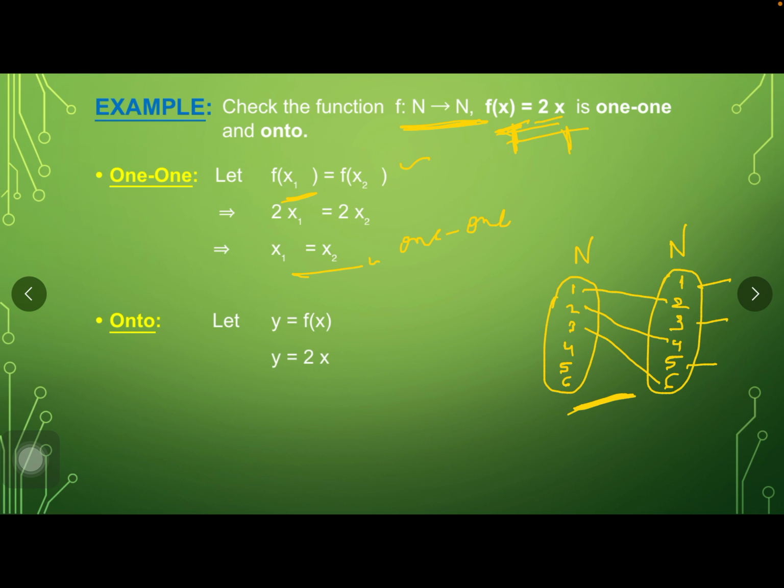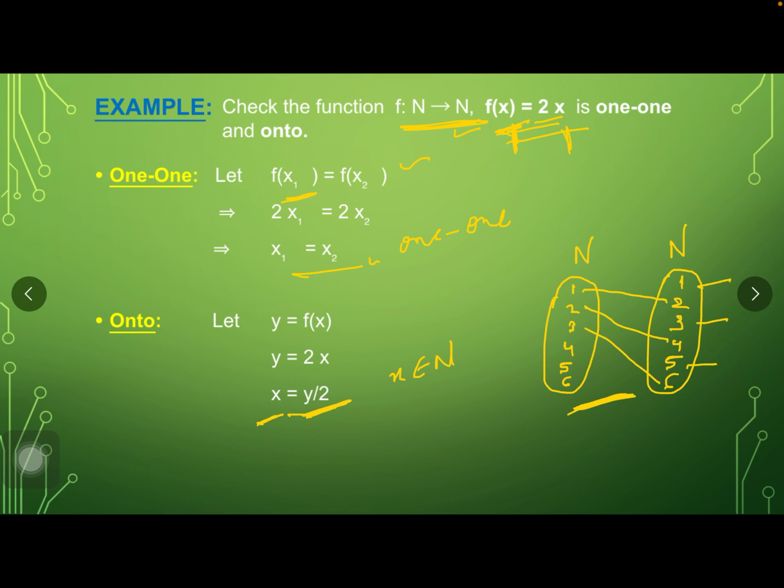But how can we show this mathematically? You can show it like this. First we put y equal to f(x). Now what is f(x)? f(x) is 2x, so y equal to 2x. Now put x in terms of y, so that is x equal to y by 2. Now you can see, we know that x belongs to the natural numbers, and here we get y by 2.